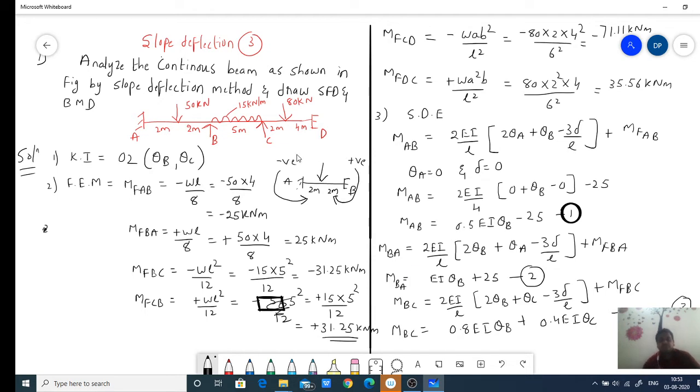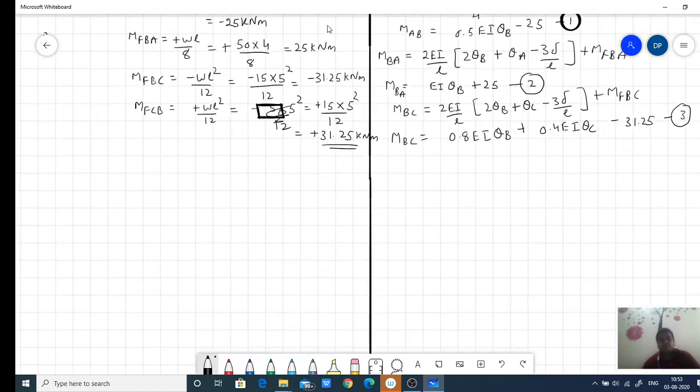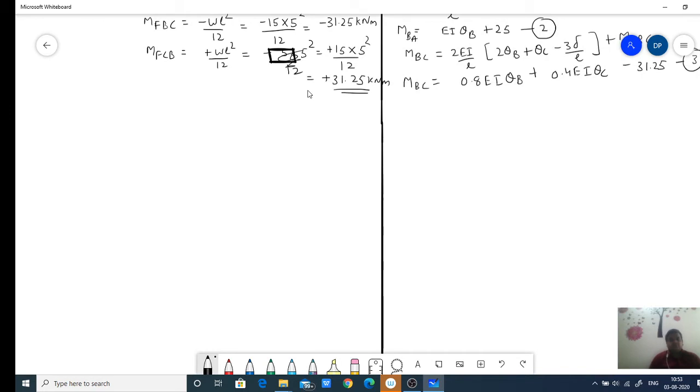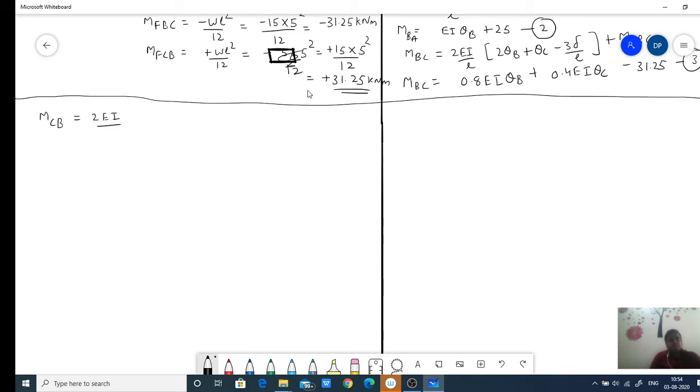Now next I need to formulate for MCB. The formula will be 2EI by L into 2 theta C plus theta B minus 3 delta by L, plus MFCB.